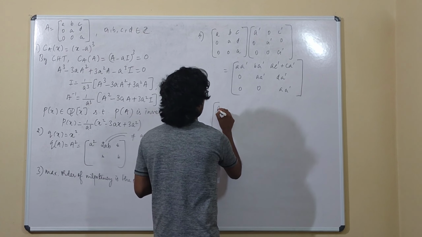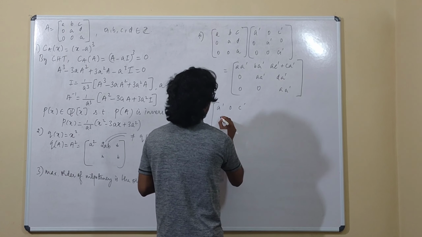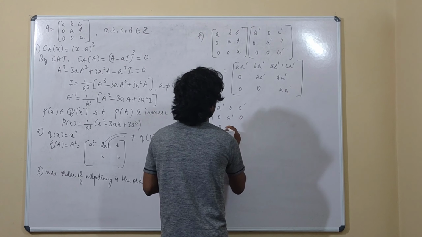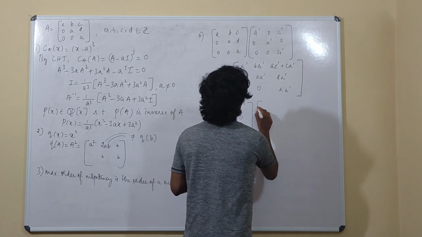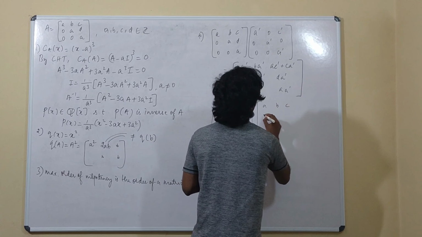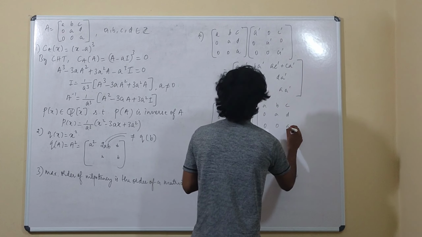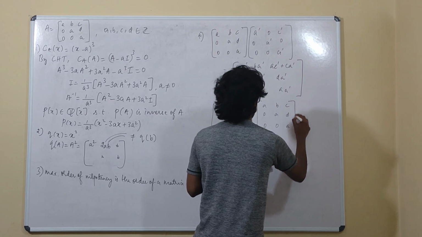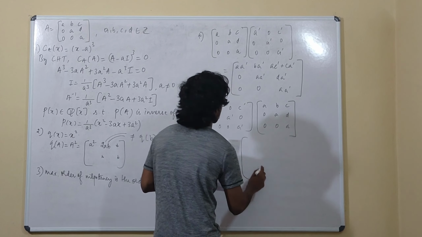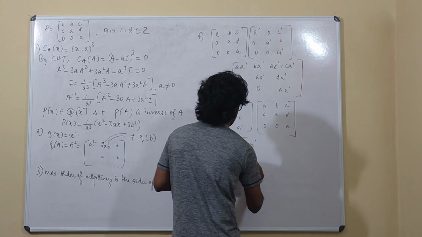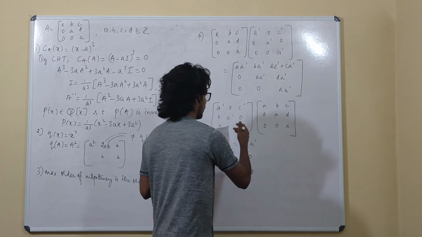In a similar way, we can check A prime, and these two entries are 0. That is evident.